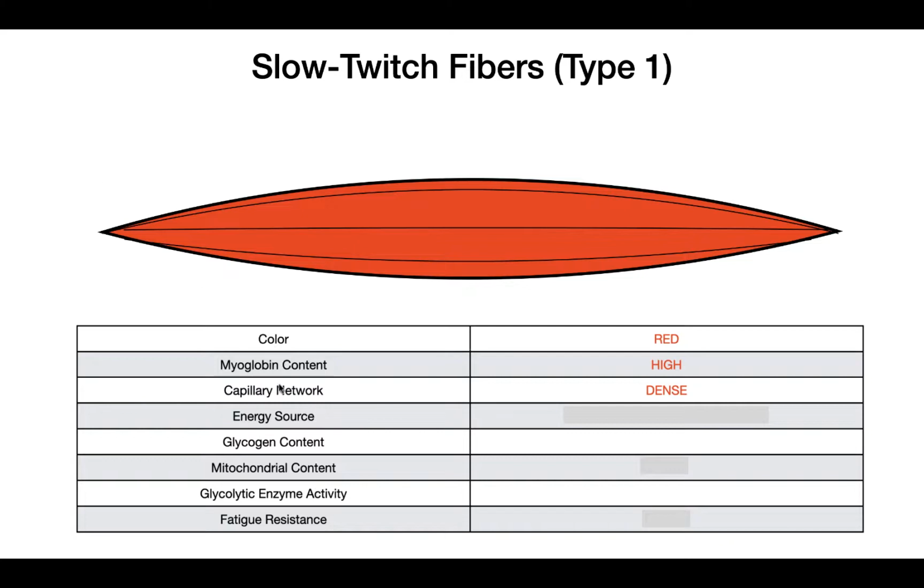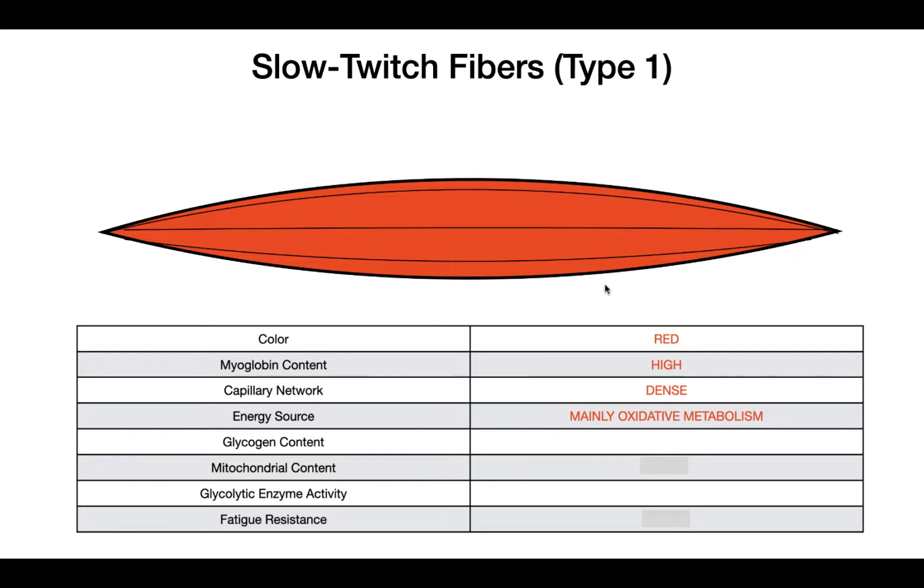These two things play together in allowing these muscles to get a lot of oxygen inside them. And since they get a lot of oxygen, these muscles are going to mainly rely on oxidative metabolism. Oxidative metabolism is going to occur in the mitochondria, and it's going to involve both the Krebs cycle and oxidative phosphorylation. And oxidative phosphorylation is the biggest creator of ATP inside the cell.